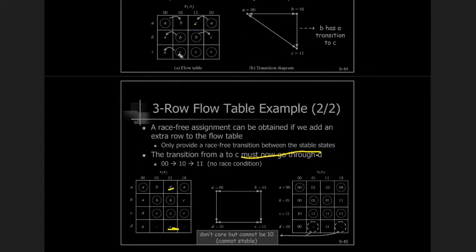So here we have a transition from C to A, so this will be replaced by D. For the current state D, the next state will be A. So we direct the circuit through a cycle.